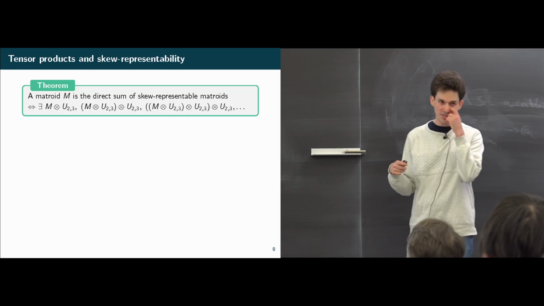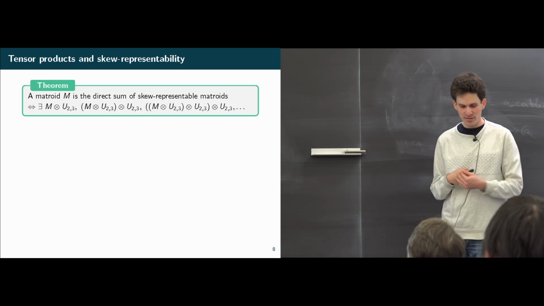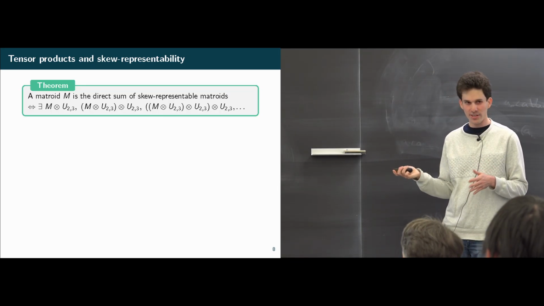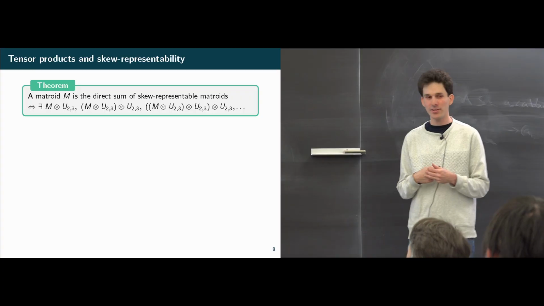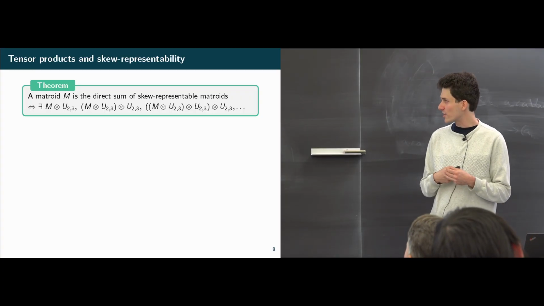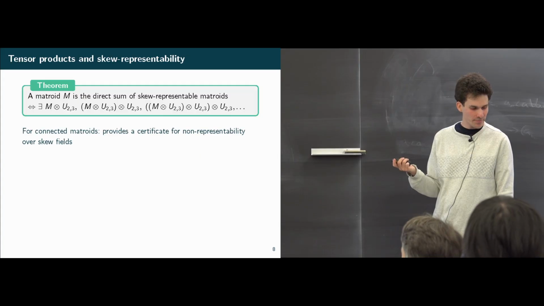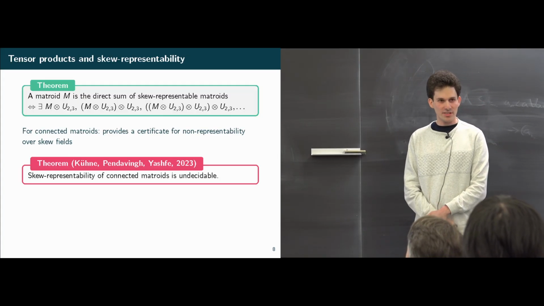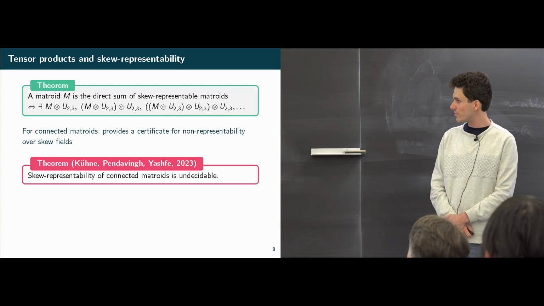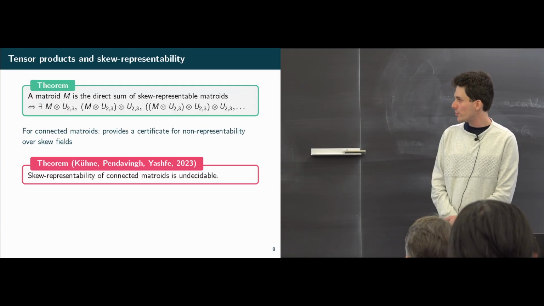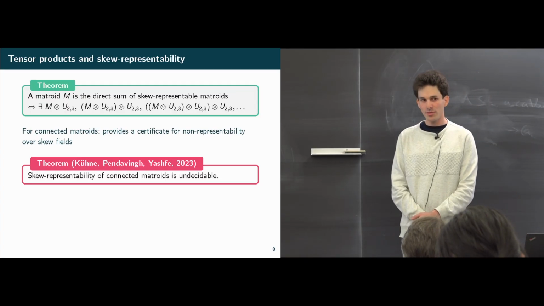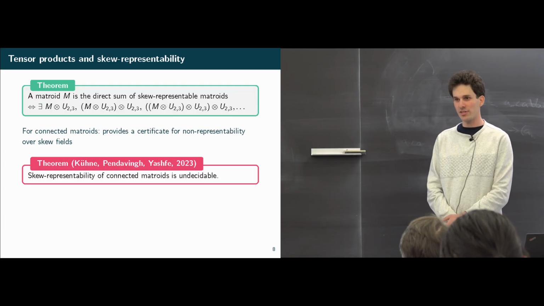We will say a few words about the proof of this, but first let's digest this theorem a bit, because it has some consequences that were quite unexpected for us. Because of this undecidability result, it was shown that skew-representability is undecidable even for connected matroids.